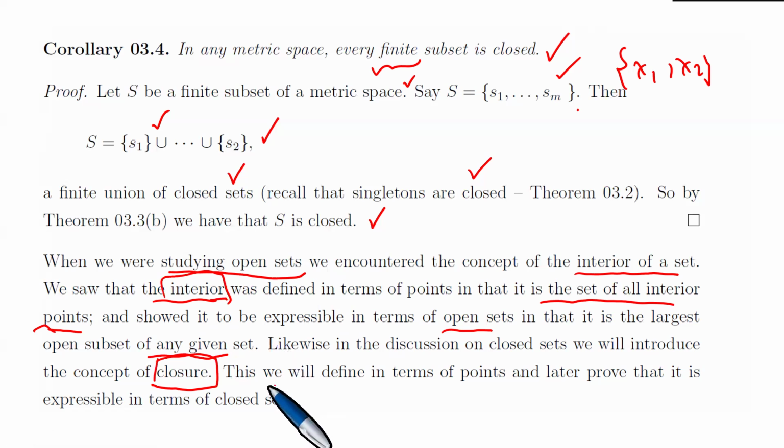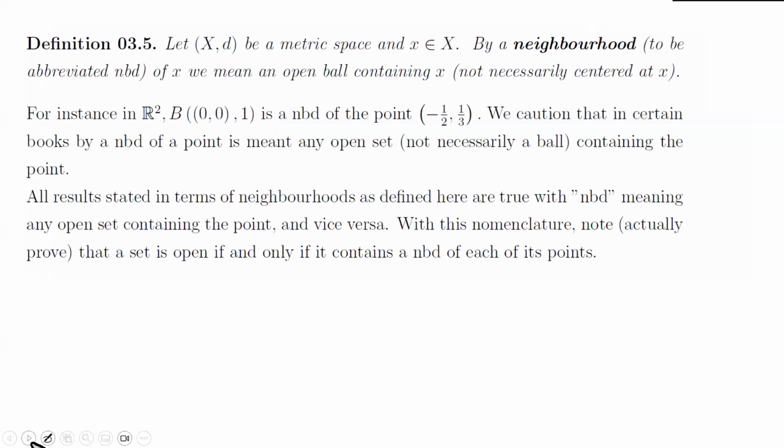This we will define in terms of points, and later prove that it is expressible in terms of closed sets. And we proceed as follows. We shall be dealing with the closure, and we dealt with the interior in the former section.